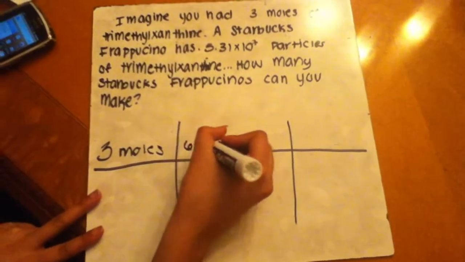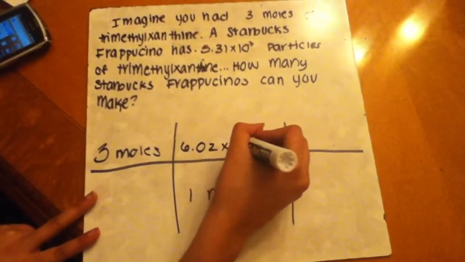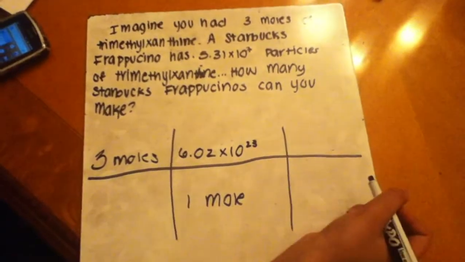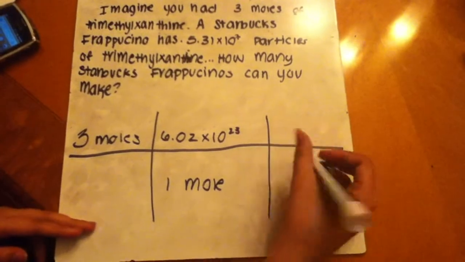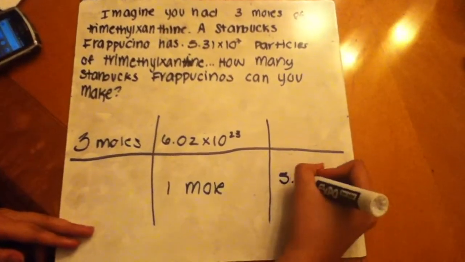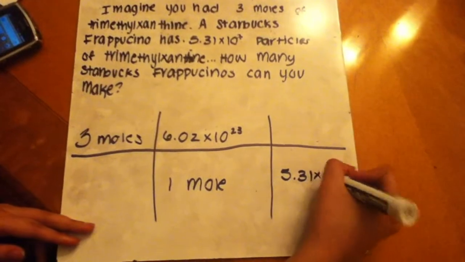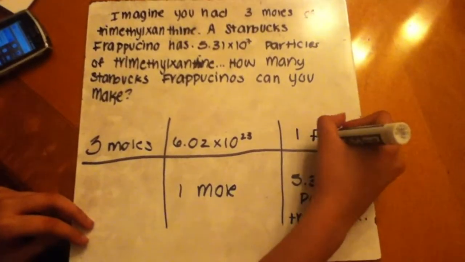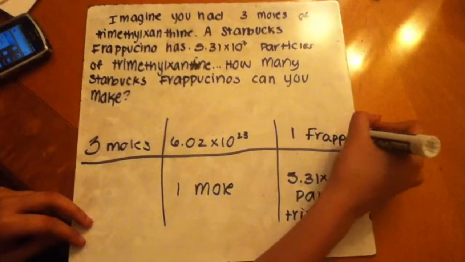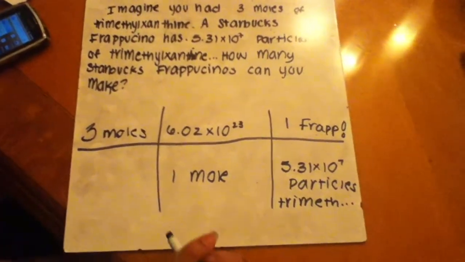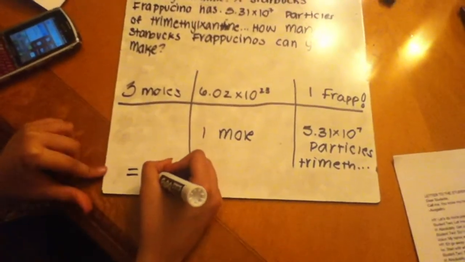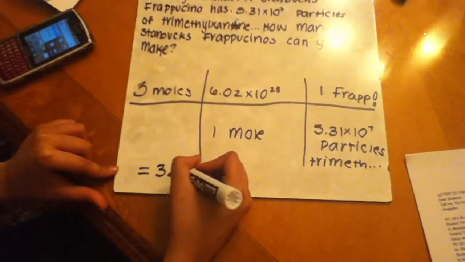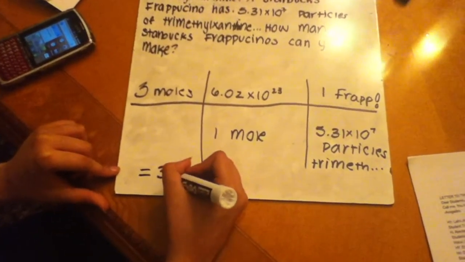And 3 moles would have 1 mole at the bottom, and 1 mole would equal 6.02 times 10 to 23 particles. And since 1 Frappuccino has 5.31 times 10 to the 7 particles, at the top would be 1 Frappuccino. So after you calculate that, your answer should be, with sig figs, something like 3 times 10 to the 16.